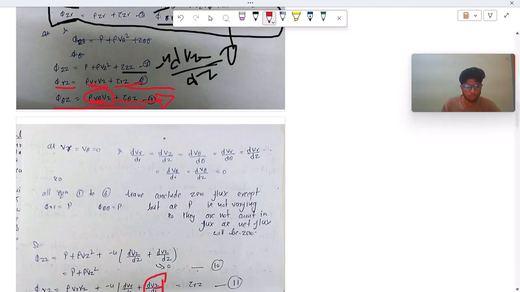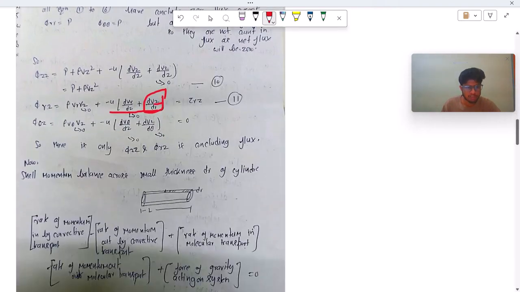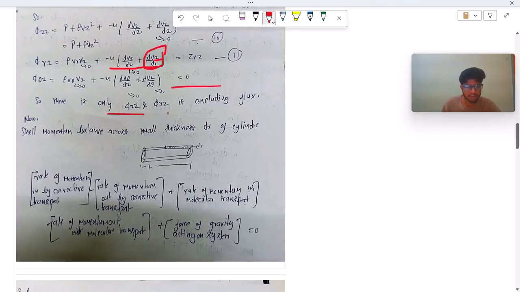So only phi zz and phi rz contribute to the flux. Of all the 9 components, only 2 have some flux.